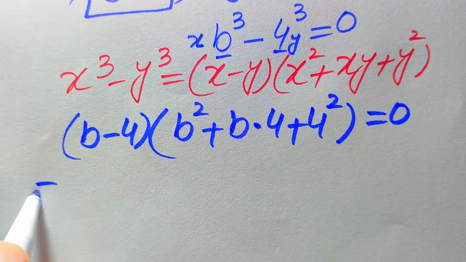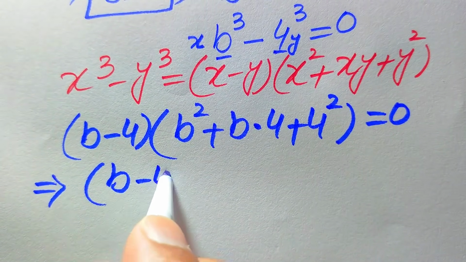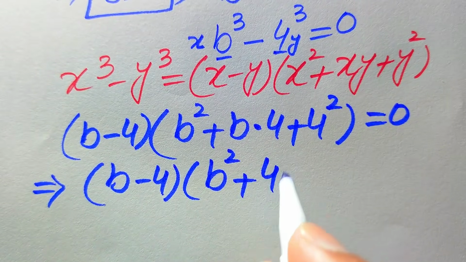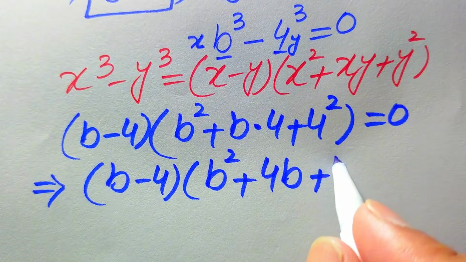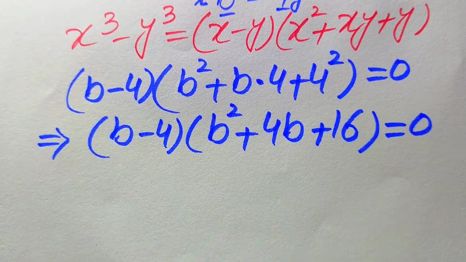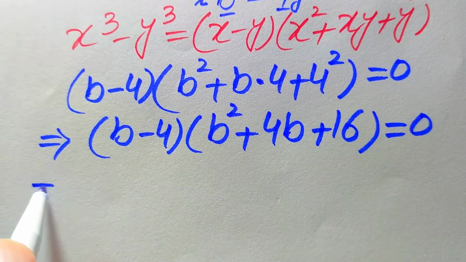And now in the next step we simplify this equation as b minus 4 times b square plus 4 times b plus 4 square, which becomes 16, and this whole equation equals 0. And now we divide this equation into two cases.